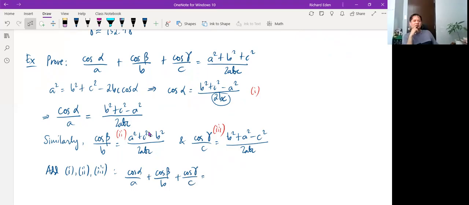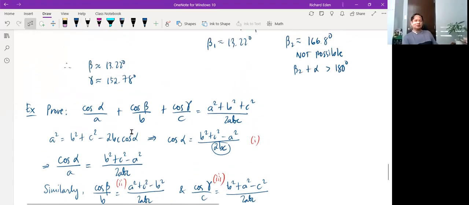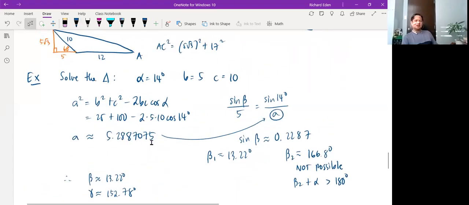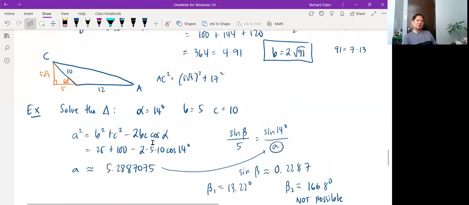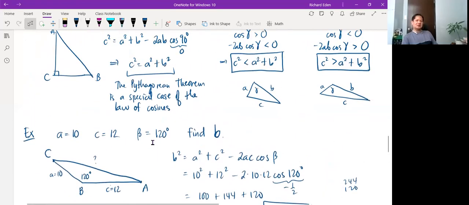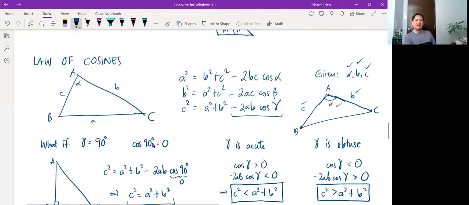I think one way to come up with that is, in the previous problem that we just solved, we didn't really need to find cosine alpha. But here in this illustration, given alpha, B, and C, you can use that to find A. But you can also go vice versa.